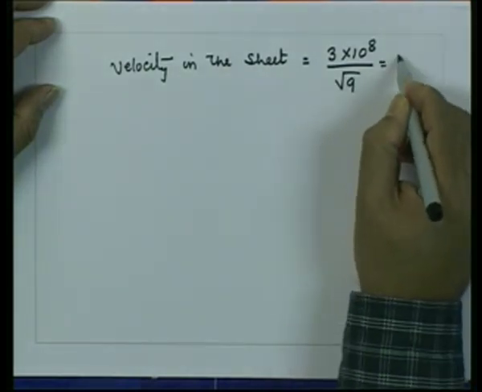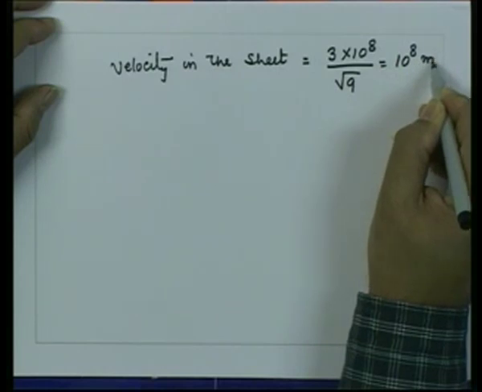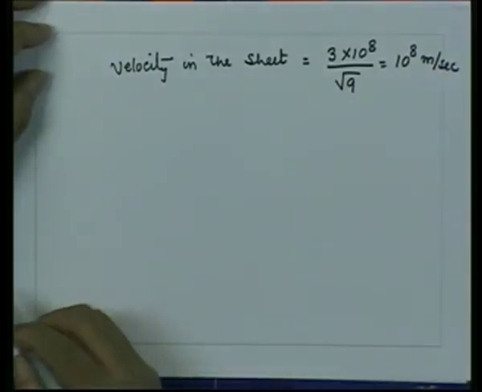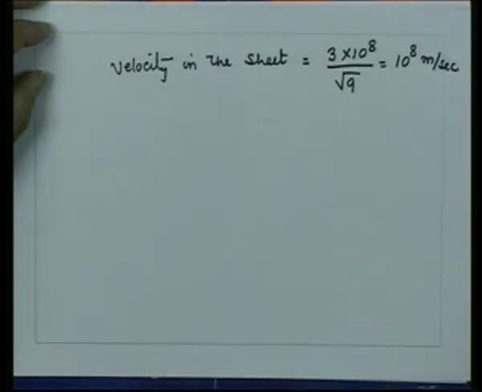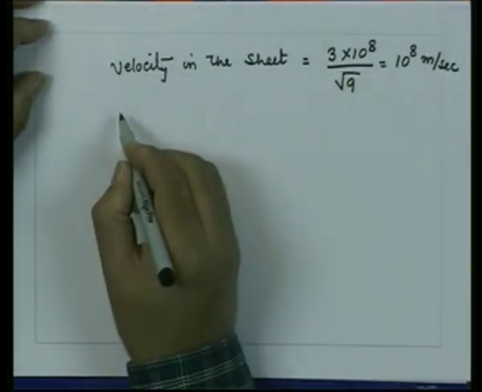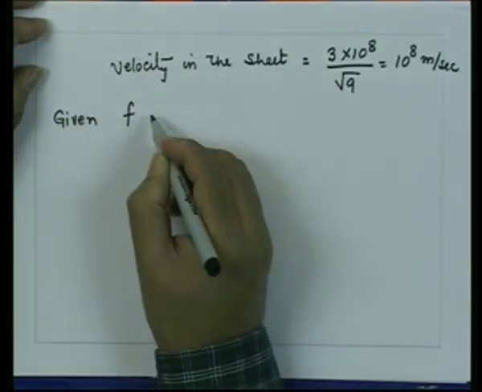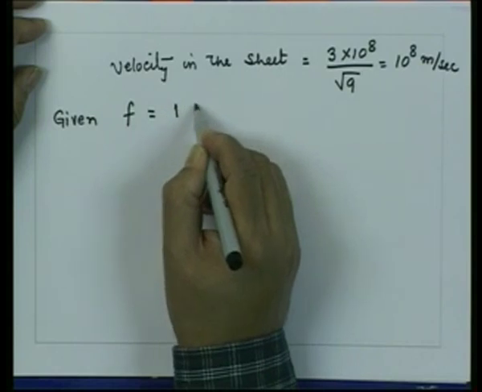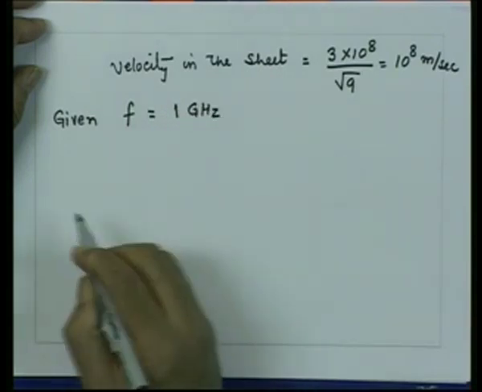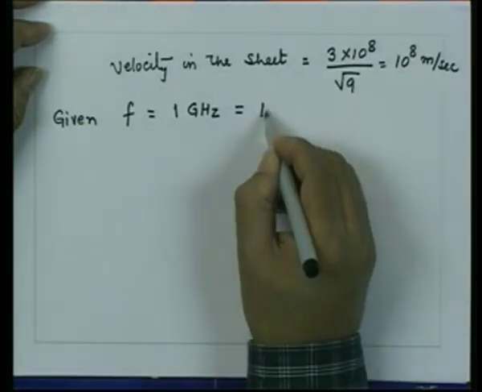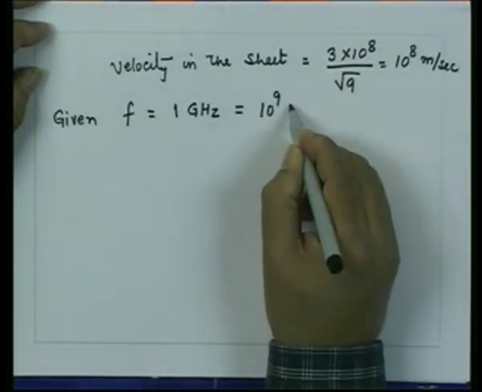So, that is equal to 10 to the power 8 meters per second, and the frequency given for this problem is 1 gigahertz. So, f for this wave is 1 gigahertz, that is 10 to the power 9 hertz.